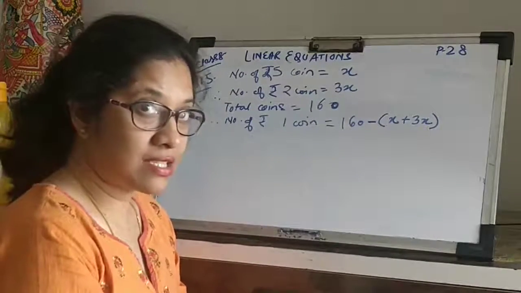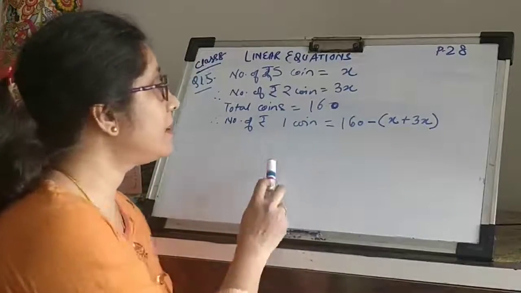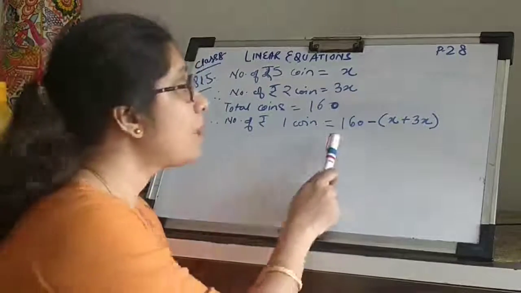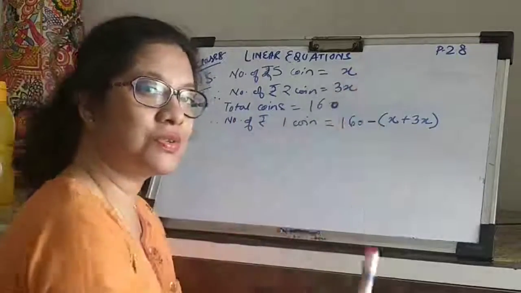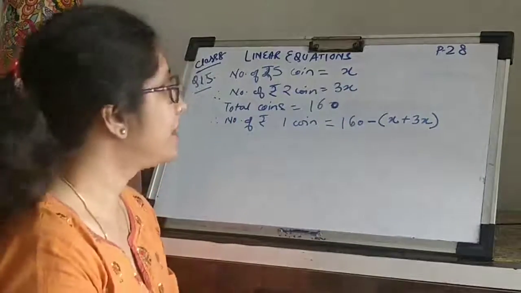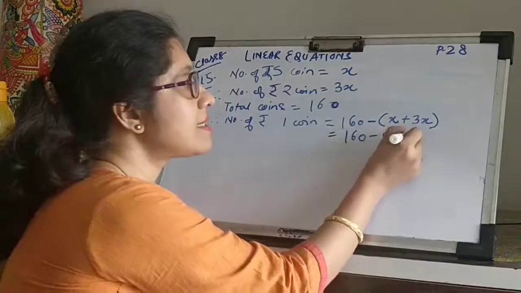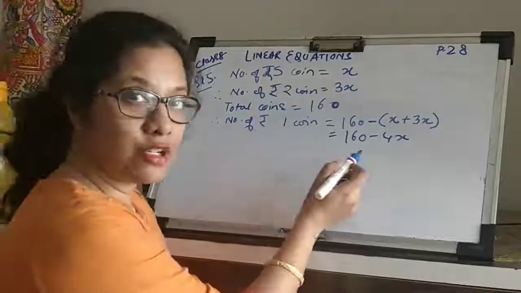What is given to us extra? The total number of coins, 160. So what will I get from here? The number of 1 rupee coins. That will be 160 minus the sum of these two, that is x plus 3x. So I get 160 minus 4x, which is the number of 1 rupee coins.